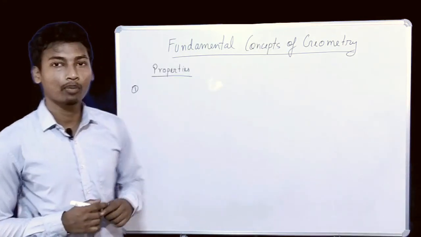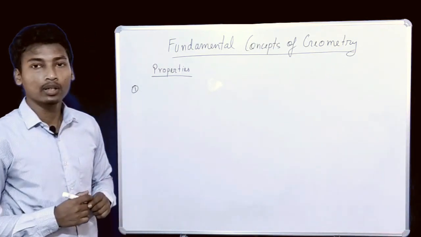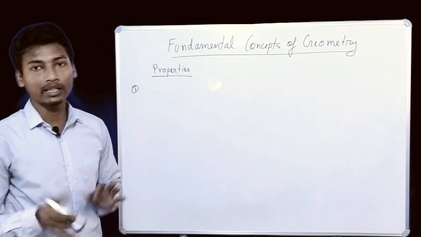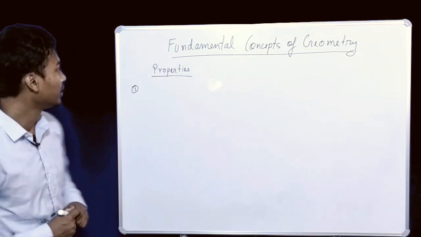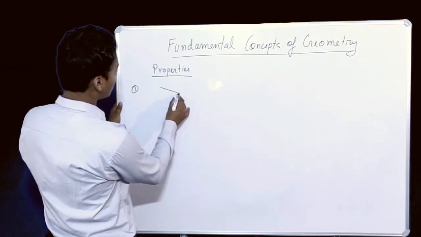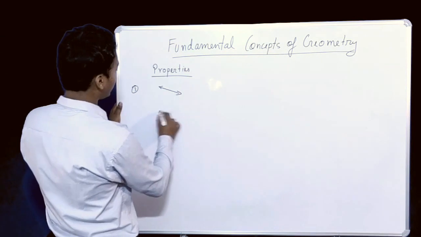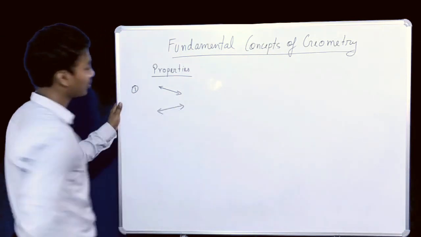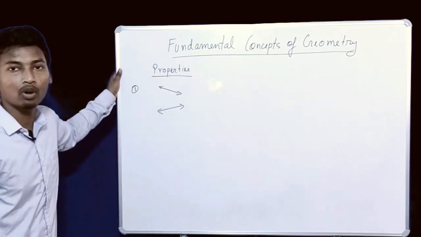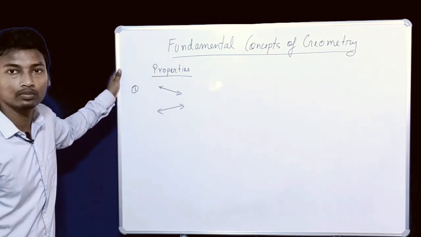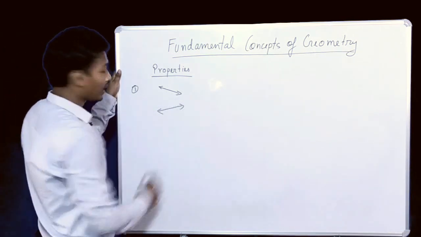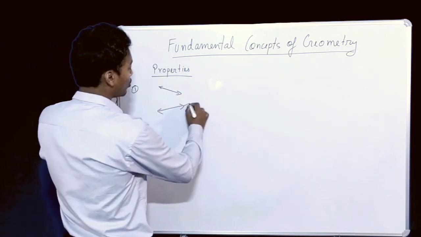Now let's understand some of the properties of lines. Now in a plane, two lines can either be parallel or intersecting. It has to be either of the two. So for instance, let's draw this line here and let's draw this line here. Now what can these two lines be called? Parallel? No. Why? Because if you extend this line further, because a line means it will go on, right?